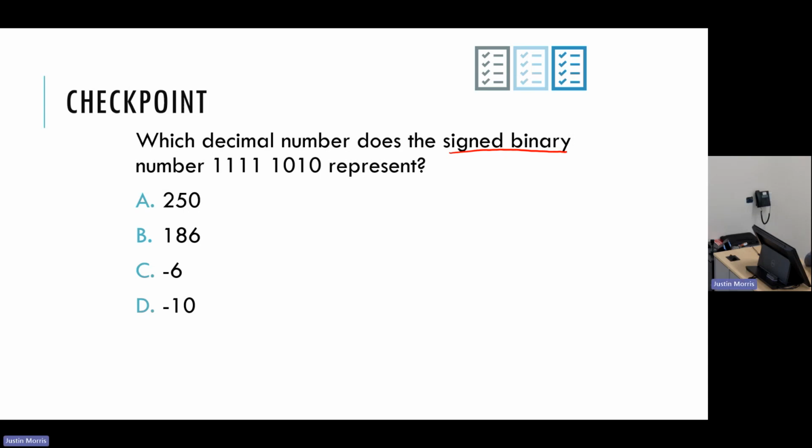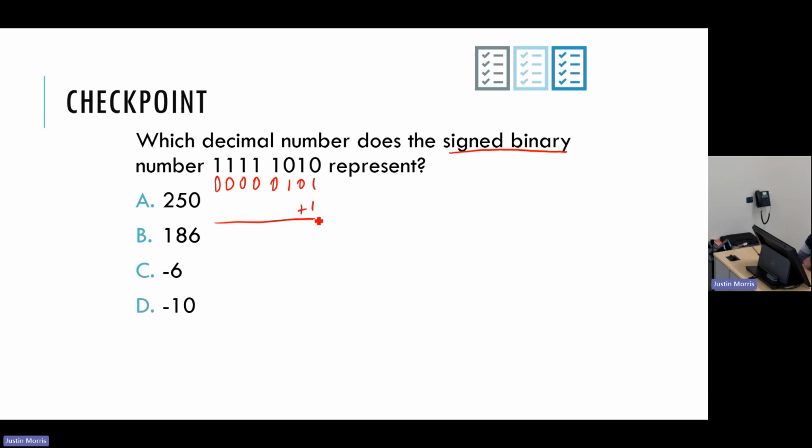Because remember what we have to do. So what do we have to do? You have to invert. So first we invert everything. And then what's the next thing we do? Yep, so we add 1.